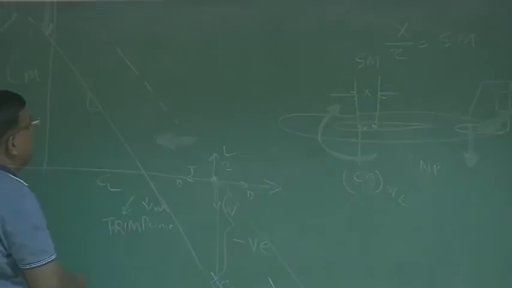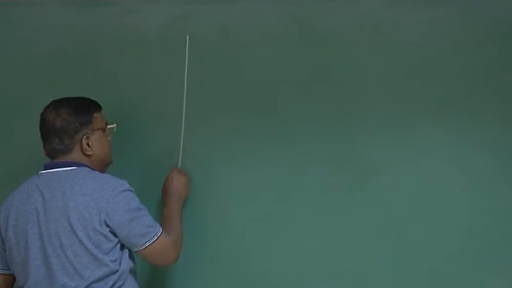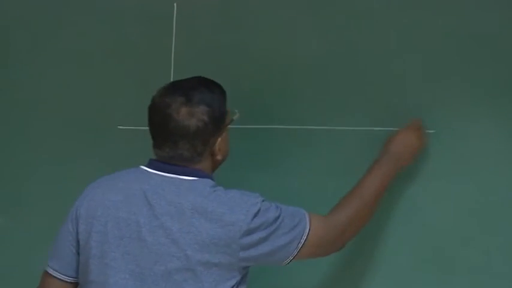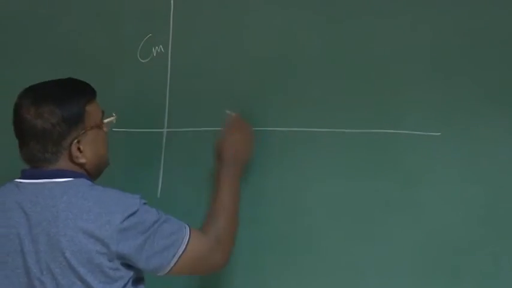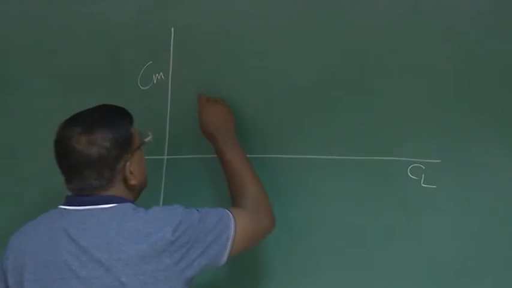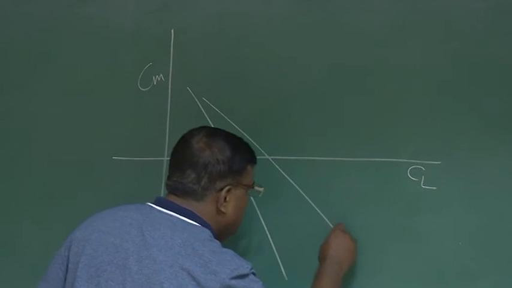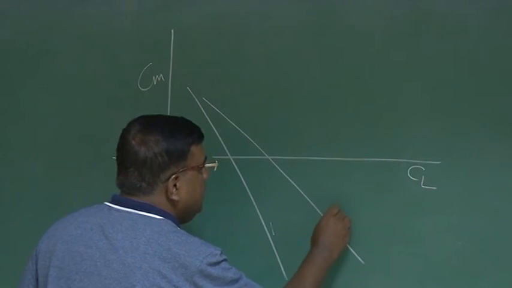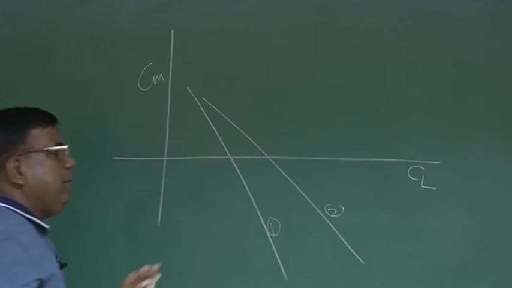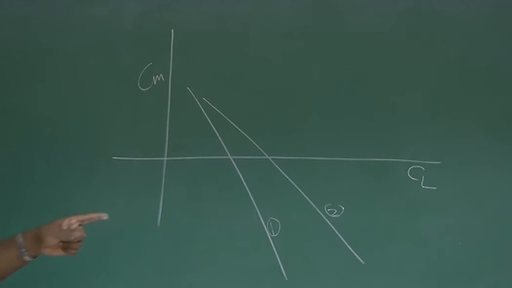Okay. Let us take a simple case. This is Cm and again CL. This is one graph for the same airplane. This is second, 1 and 2. For the same airplane, so what might have changed? Why are these slopes different?